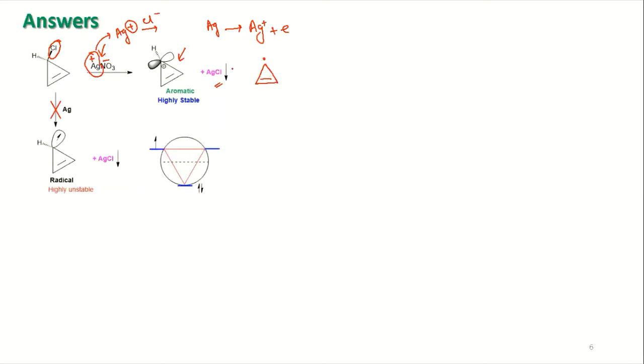This radical, right? Then you have the silver chloride precipitation. Got it? When you are treating with metallic silver, it should give off one electron, and that electron will help to generate this radical. How is it forming?